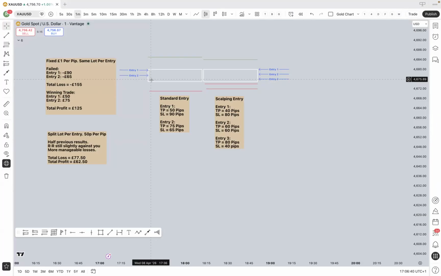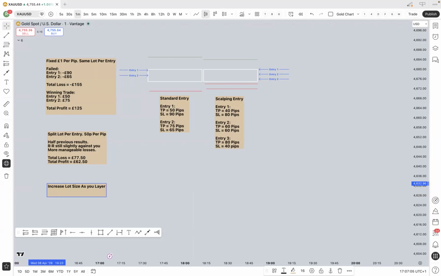Okay, so hopefully that's making sense. So the next way is to increase lot size as you lay out. Now, what do we do here?